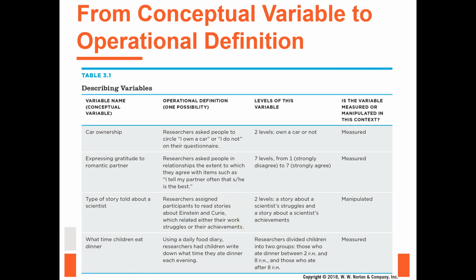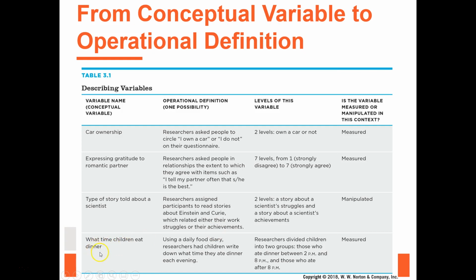And we don't know what the end of this research study is about, but they, in this case, have 2 levels. They have 2 different stories. They have a story about a scientist's struggle and a story about a scientist's achievements. And in this case, it's manipulated because people would come into your research study, and they would probably randomly be given either the story about struggles or the story about achievements.